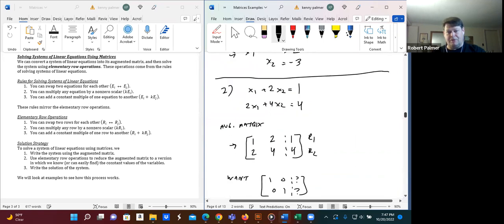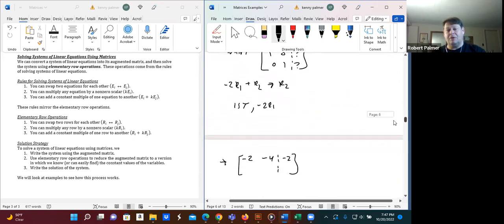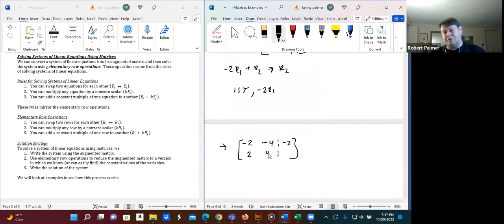Double check that. And then my row 2 stays the same: 2, 4, and 4. So this is -2 R1, and this is row 2. Now I want to add these together, replace that with the result, and make that my new row 2. So I'll say -2 row 1 plus row 2 goes to row 2.